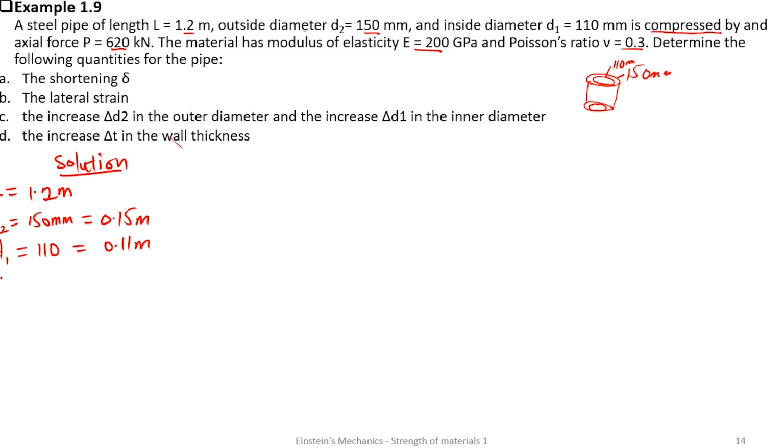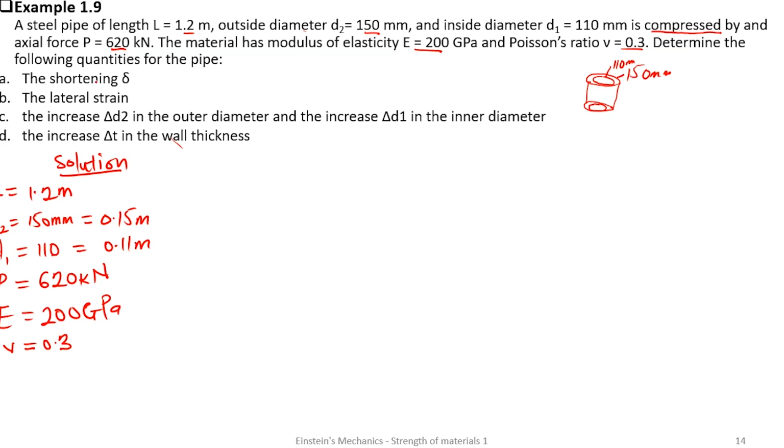We have the force P. The compressive force was 620. Wow, huge. And we have E, the modulus of elasticity for the steel pipe. Remember, steel always has this 200 gigapascal, and the Poisson's ratio V is 0.3.